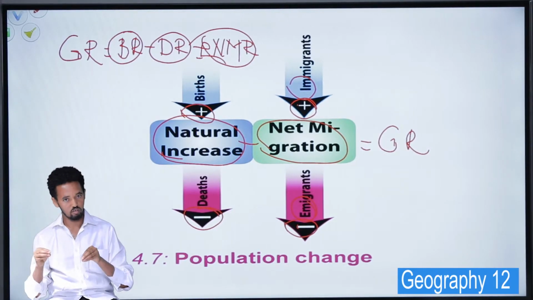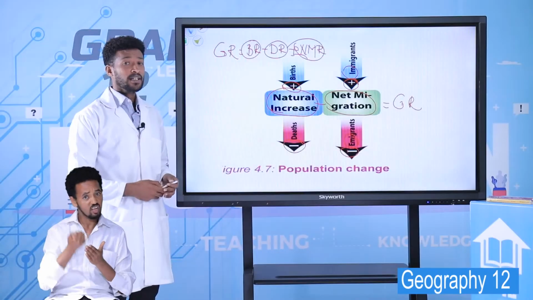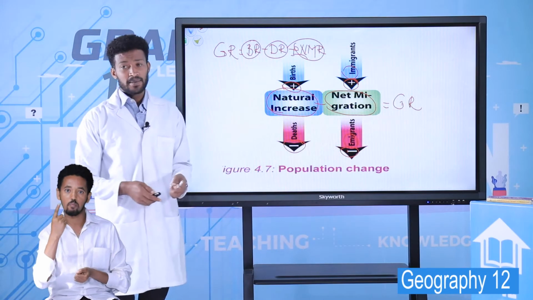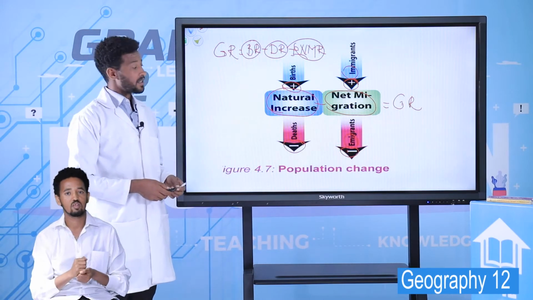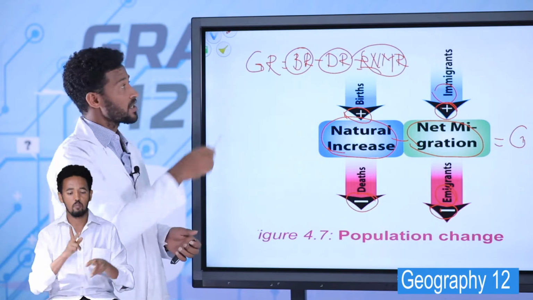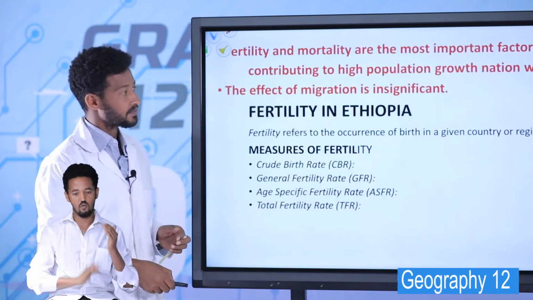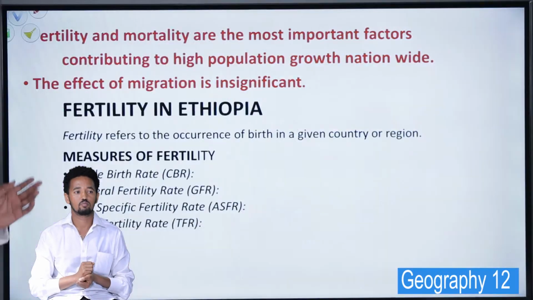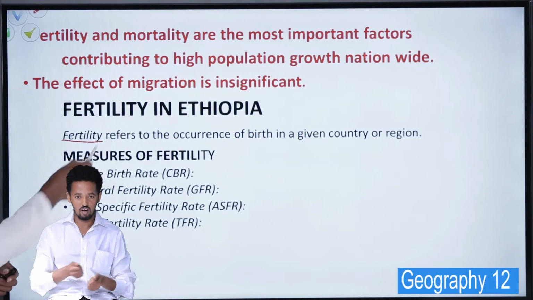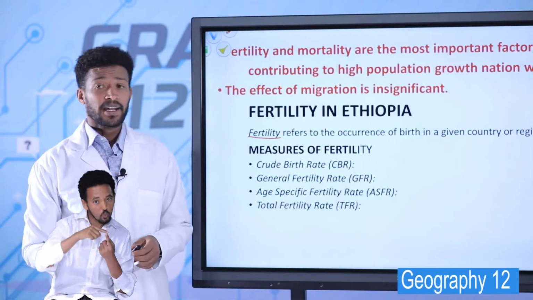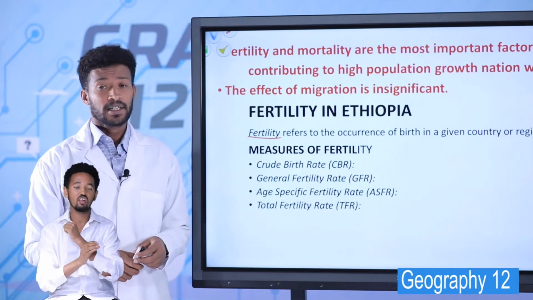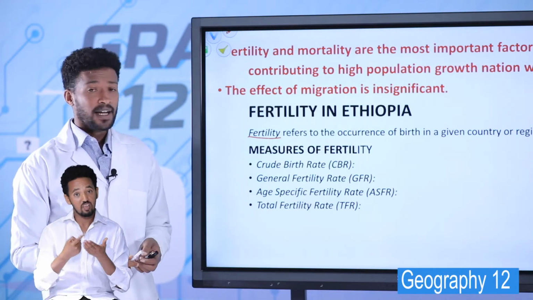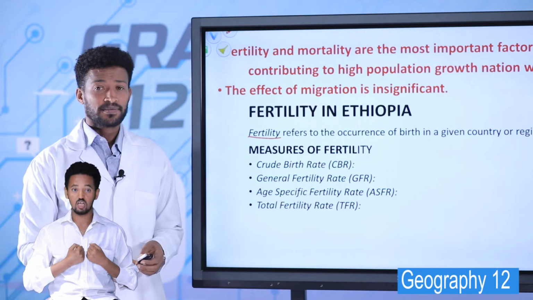Students, this is a general hint for the change of population. Let's see these dynamics one by one. The first dynamic of population change is fertility. Fertility refers to the occurrence of births in a given country or in a given region. This fertility has measurements.